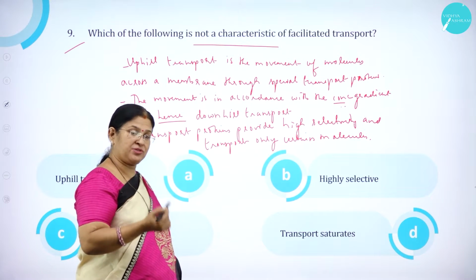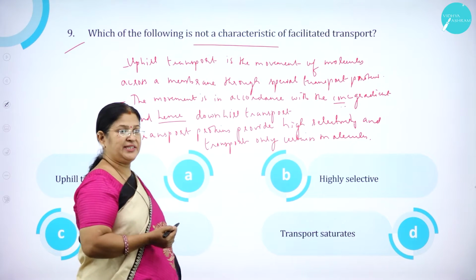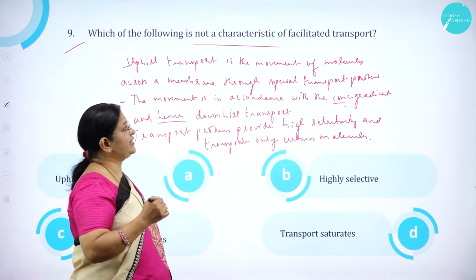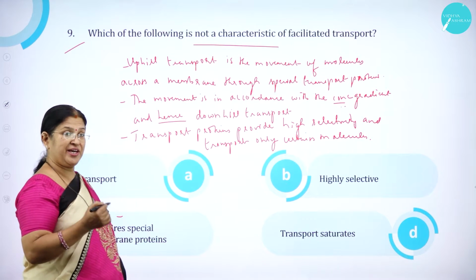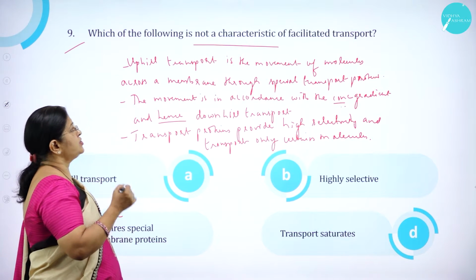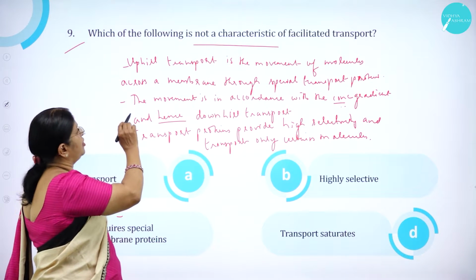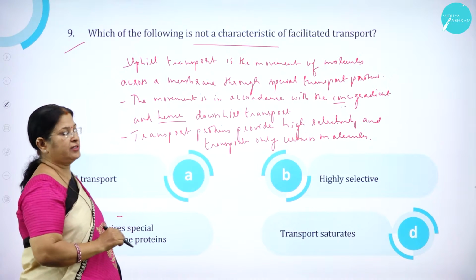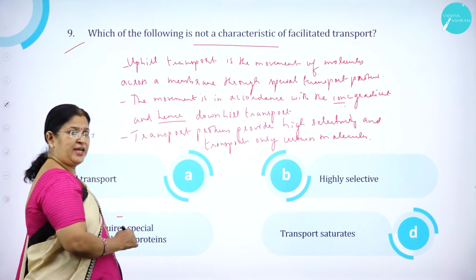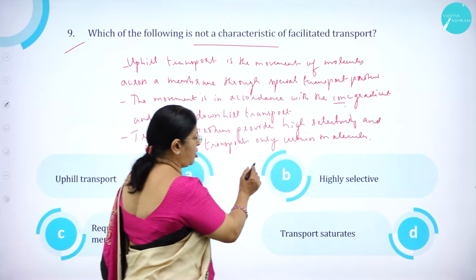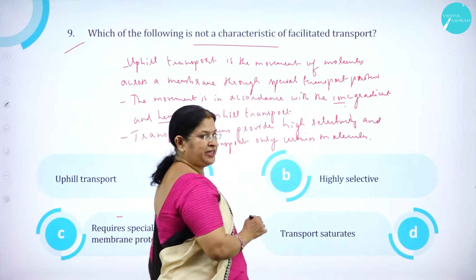Active transport, passive transport and facilitated transport. Facilitated transport is transport through special proteins, carrier proteins, right? So, which of the following is not a characteristic of facilitated transport? Option A, uphill transport. Option B, highly selective.